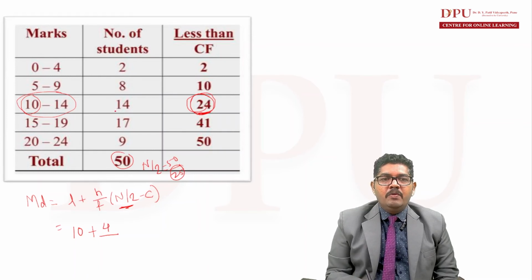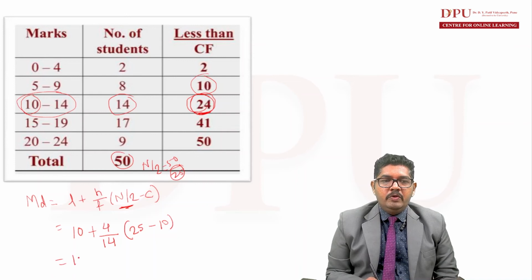F is the frequency of the median class, so the frequency of the median class is 14. n/2 is 25, and C is the cumulative frequency of the class preceding the median class, which is 10.